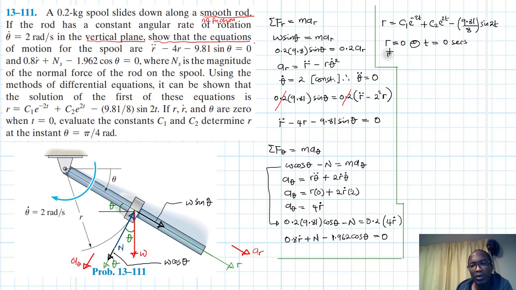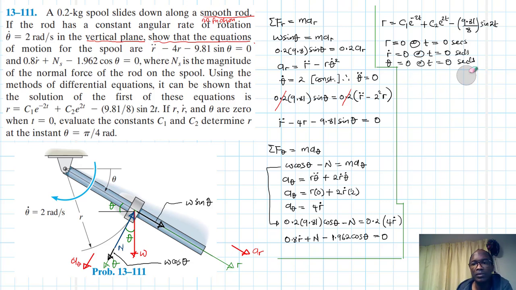Okay, and r dot is also equal to 0 at t equal to 0 seconds, and so is theta equal to 0 at t equal to 0 seconds. All right, so now let's find what this r is. Let's find first r dot and we evaluate them.